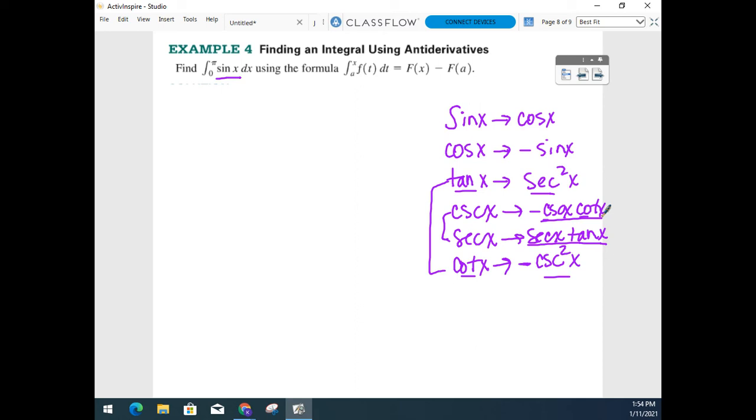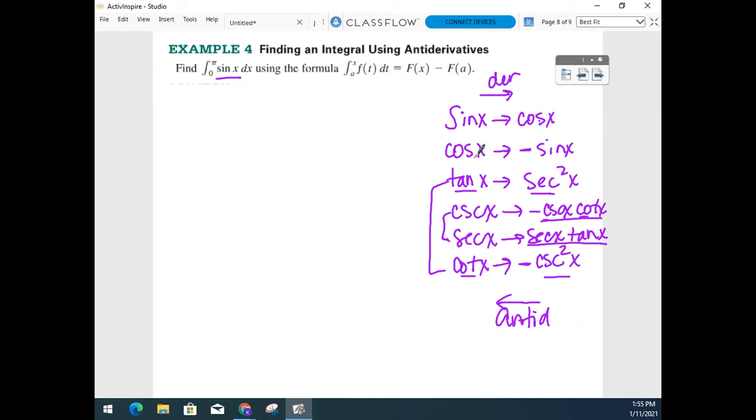So if going this direction are derivatives, going this direction are the antiderivatives. So you know what that means? If the derivative of sine is cosine, the antiderivative of cosine is positive sine. Here's where people start getting messed up a little. I know the derivative of cosine is negative sine, so the derivative of negative cosine is sine.